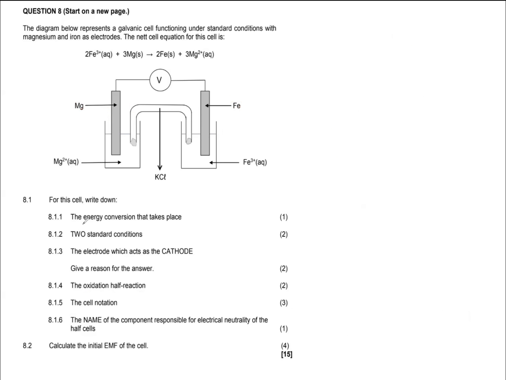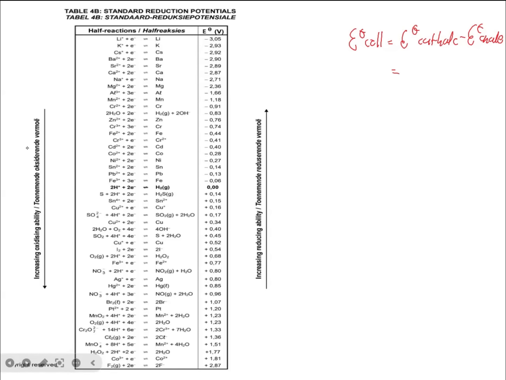So how are we going to calculate that? E cell is equal to E cathode minus E anode. And then what's your cathode? So this is the anode. And then a cathode, we identify it here.